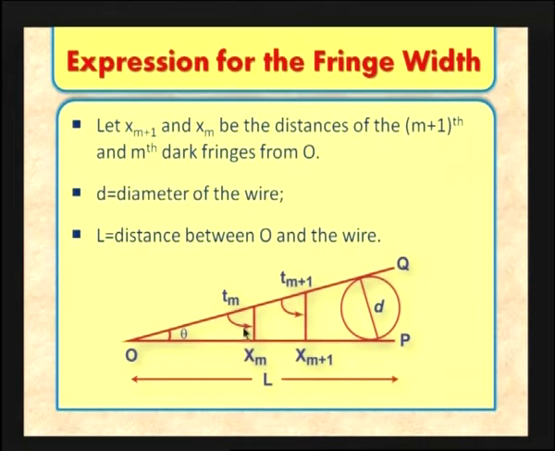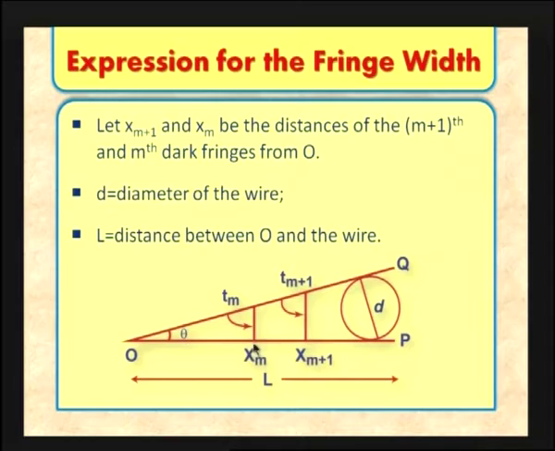The thicknesses of the air film or air gap are T suffix m and T suffix m plus 1. We assume that at these points we get the mth dark band and m plus 1th dark band.